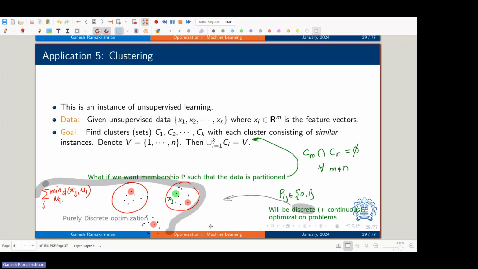You want to assign a green point to this cluster and also evolve the notion of the cluster itself. Now, the moment the cluster changes, some other points may have to get reassigned. Likewise, this red point is assigned to this cluster, and now it's changing the meaning of the cluster.